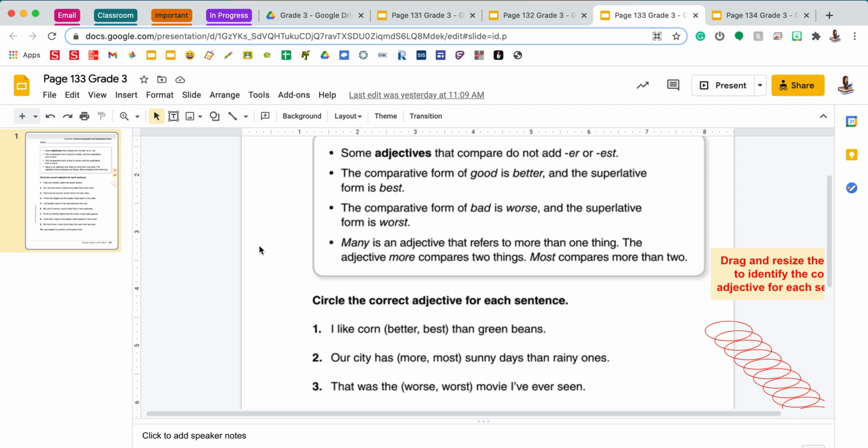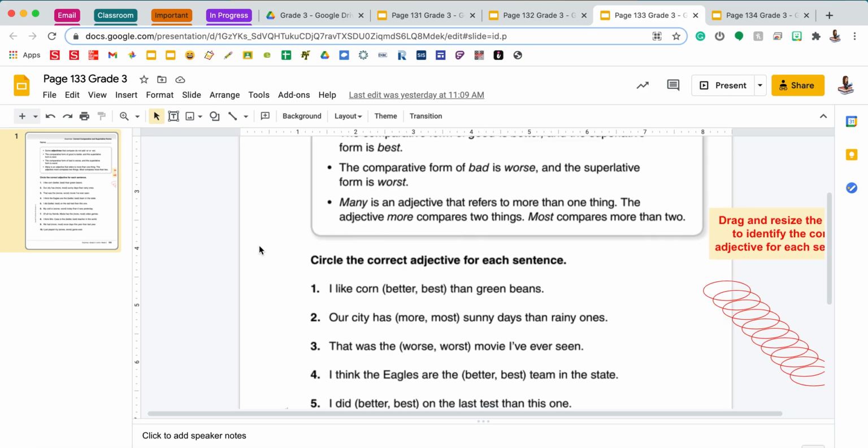So if I'm only comparing two things with the word good, I use the word better. And the superlative form, so superlative means that I'm comparing three or more things, of good is best. The comparative form of bad is worse, and the superlative form is worst, with a T at the end.